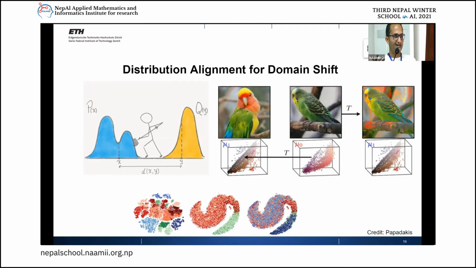The training data has some distribution, and test data may often come from very different distributions. In those scenarios, one of the meaningful things that you can do is somehow try to map the test data's distribution into the training data's, so that you can still use the model trained on the training data, right?